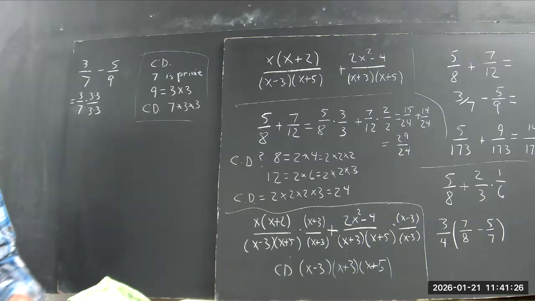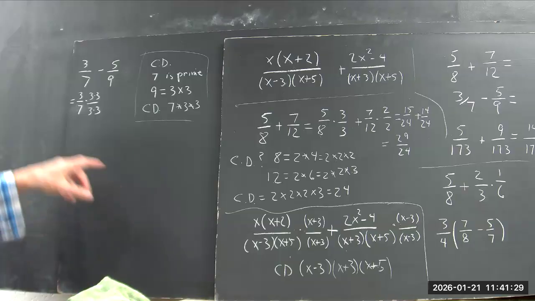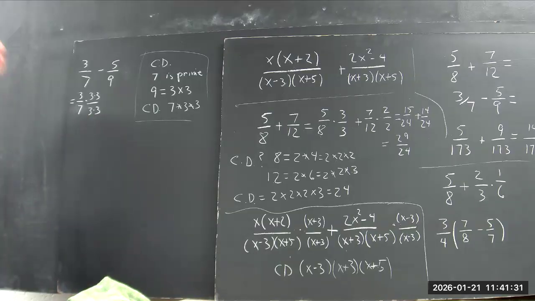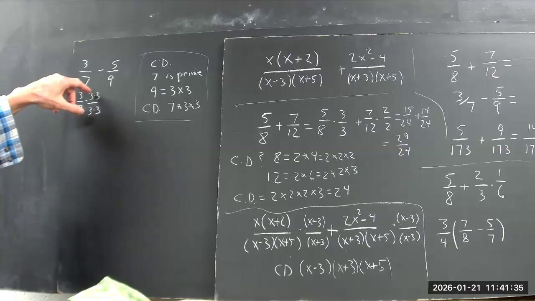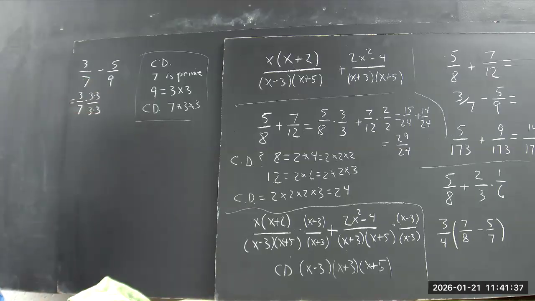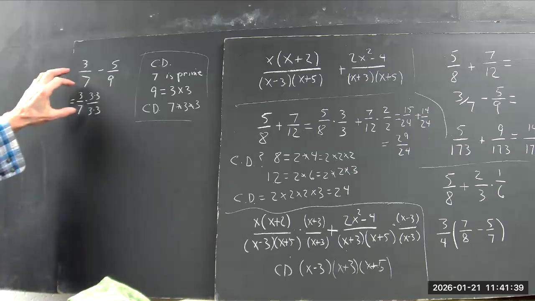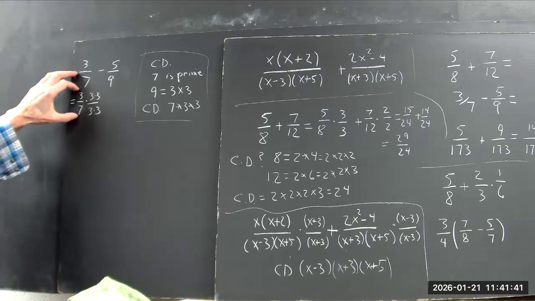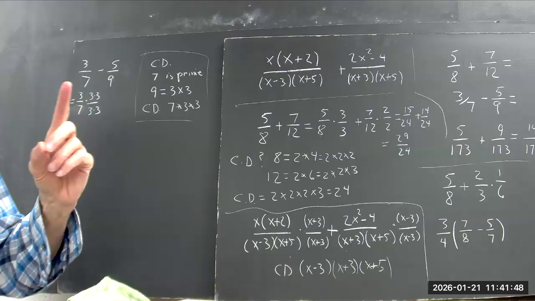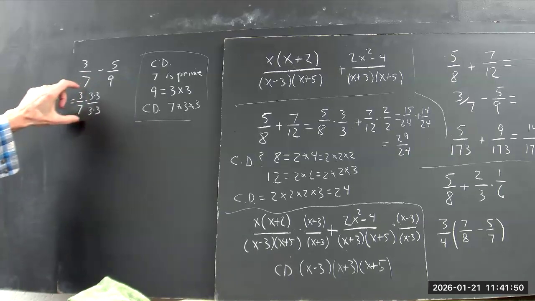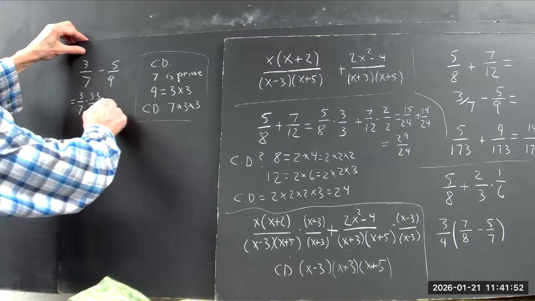Of course, that's 9, and that would be okay, but I'm going to just write 3 times 3. If I multiply the denominator by 3 times 3, I've got to multiply the numerator by 3 times 3, so that I'm ultimately multiplying the fraction 3/7 by 3 times 3 over 3 times 3, and that's just 1. This doesn't change the value of the fraction.